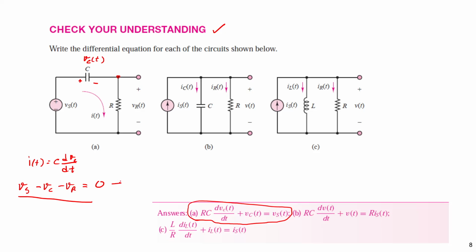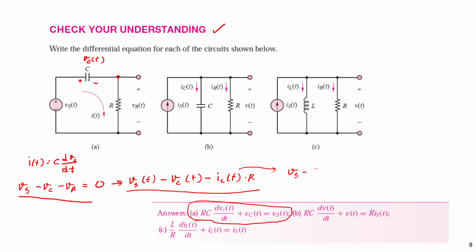And Vs is a function of time, minus Vc as a function of time, and then Vr will be I times R, the current passed through the capacitor into R. Then we can use I is C dV by dt, right?